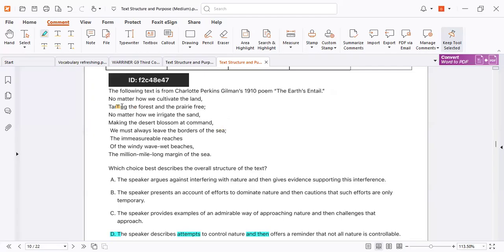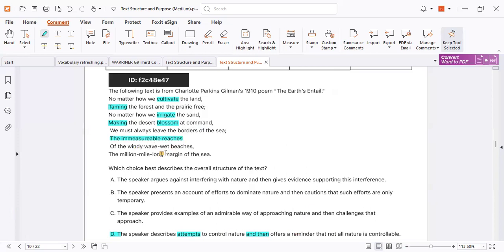He mentioned here, no matter how we cultivate the land, taming the forest, no matter how we irrigate, look, attempts to control nature, making the desert blossom. We must always leave the borders of the sea and look at the end, the immeasurable reaches, offers the reminder that not all nature is controllable, immeasurable, of the windy wave wet beaches.